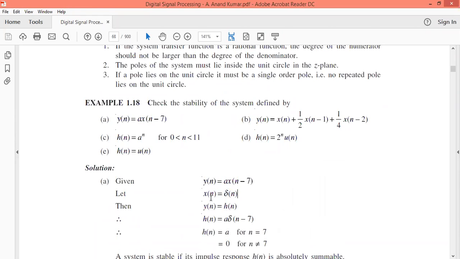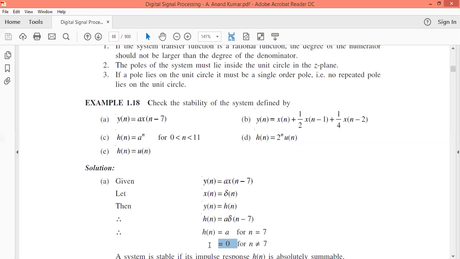If the input is x[n] equal to delta[n], the output will be the impulse response, that is, y[n] equals h[n]. So h[n] equals A times delta[n minus 7]. What is delta[n minus 7]? It has a value only at n equal to 7. If n is not equal to 7, the value will be 0.